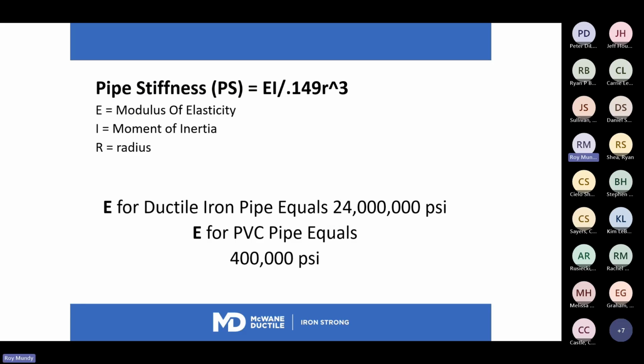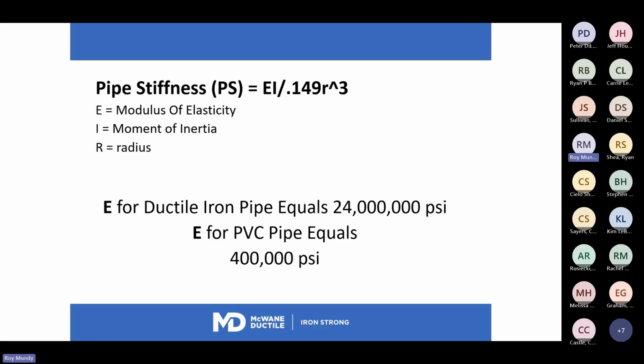To give you a comparison of the stiffness of ductile iron pipe and the stiffness of PVC pipe, as you can see here, ductile iron pipe, not surprisingly, is geometrically stiffer than PVC.